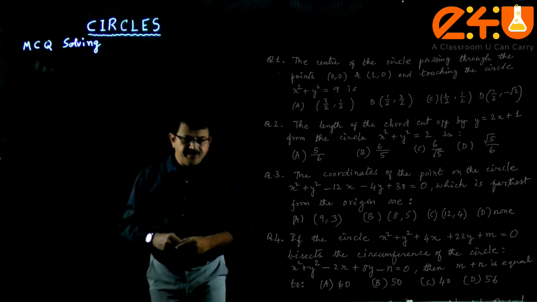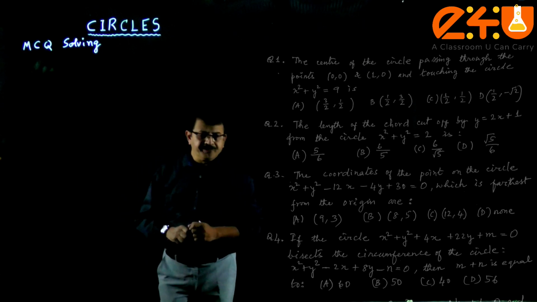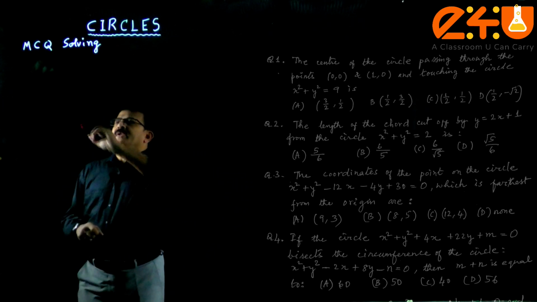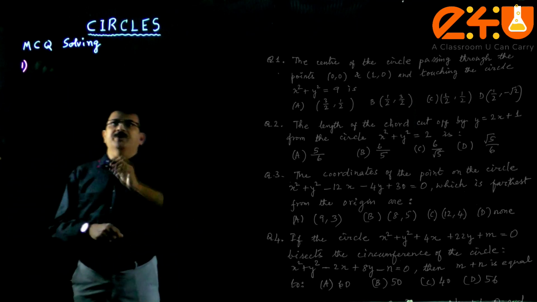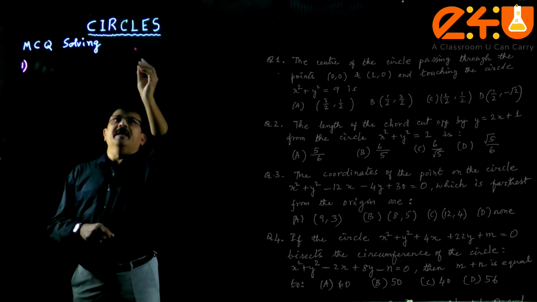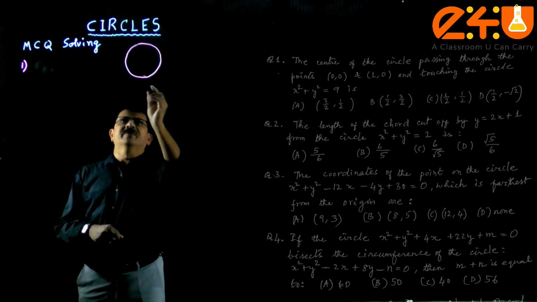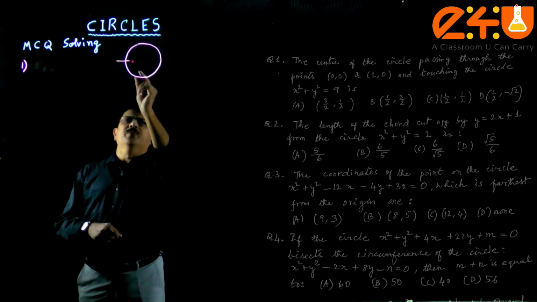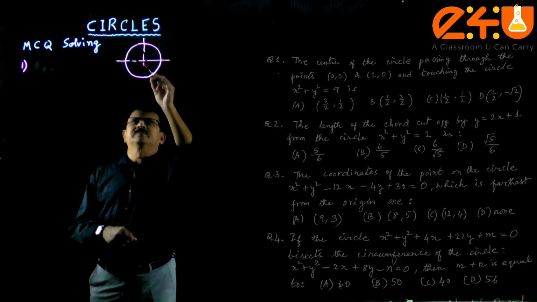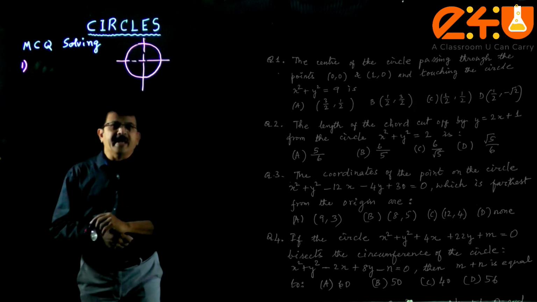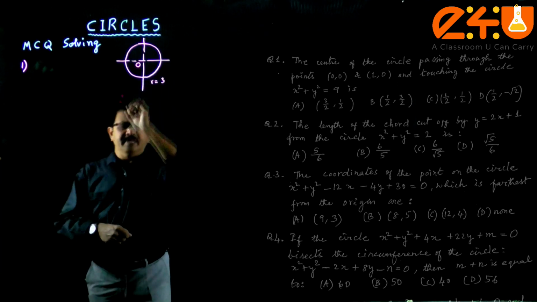That is a question. The center of the circle passing through the points (0, 0) and (1, 0) and touching the circle x squared plus y squared equal to 9. Let me draw a very rough sketch of the given circle, for which you know already the center, which is origin, and the radius is 3.